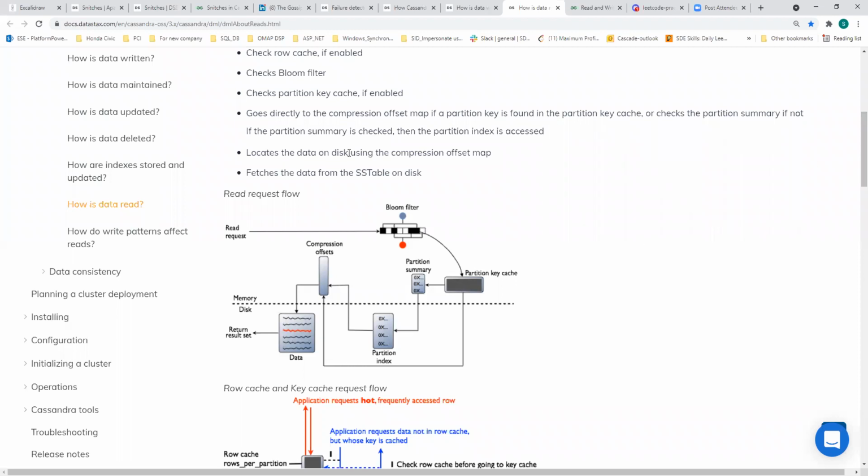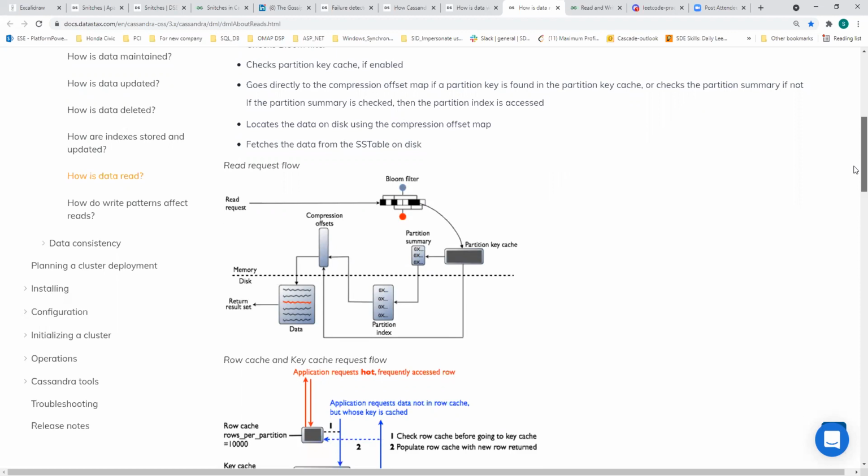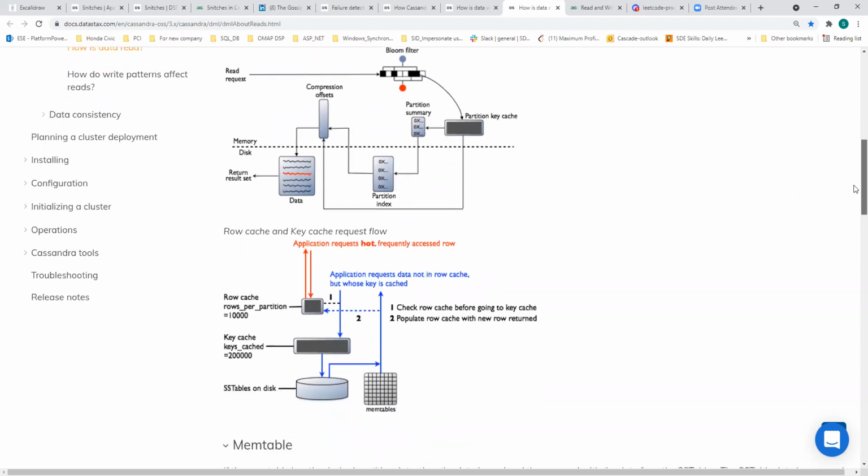So that is one way. And then he talks about fetching data from the SS table on the disk, and that is how you get it and return it. So this is the whole thing. Again, he has shown here, if you don't find it in the row cache, you will have a key cache also, which is one more layer.